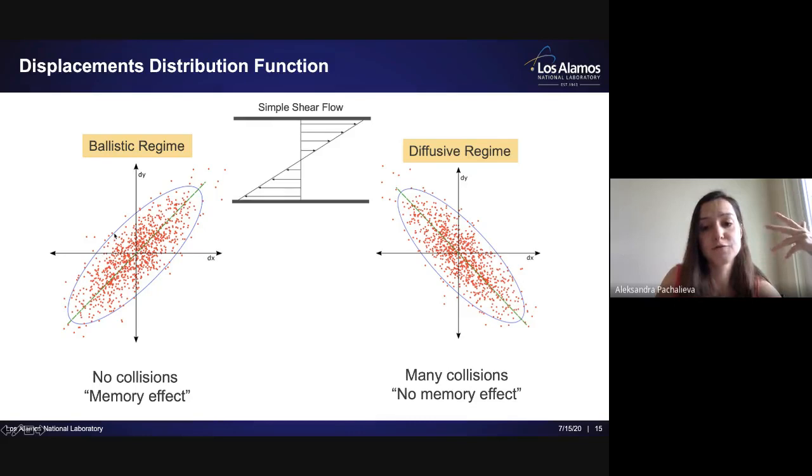However, in a diffusive regime, we have many collisions, and the particles will be more chaotic due to these collisions, and they will have basically no memory of which direction the shear flow goes. So they will flip their sides. These are the displacements that I'm showing you here. So basically the displacements will go in the opposite direction, which is very counterintuitive at first glance.